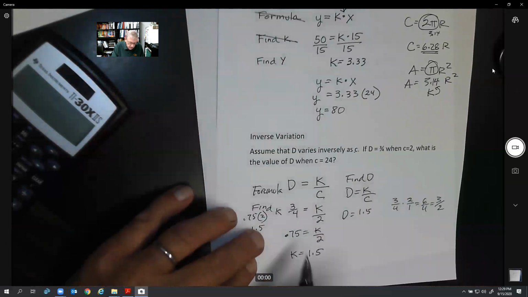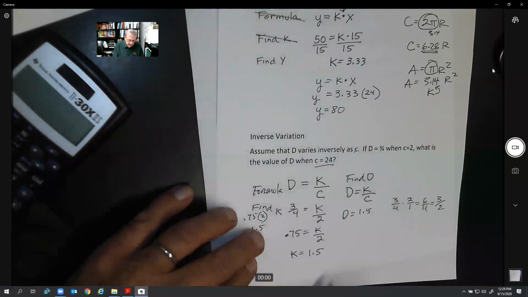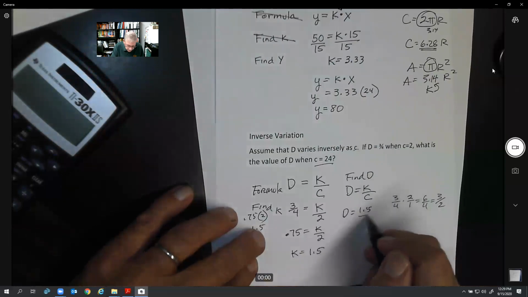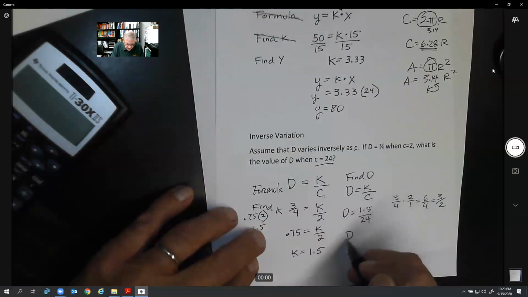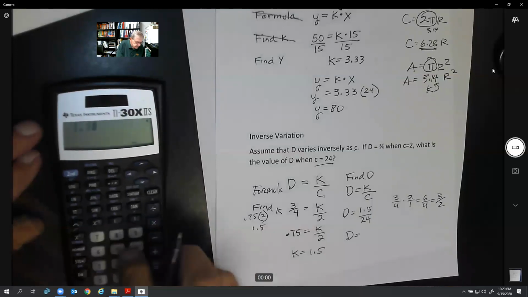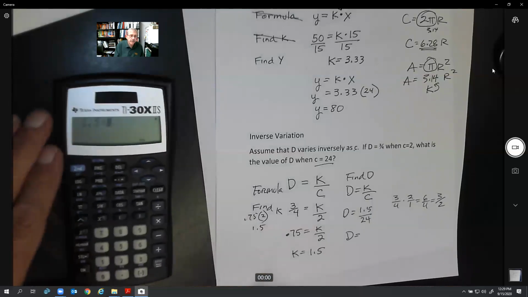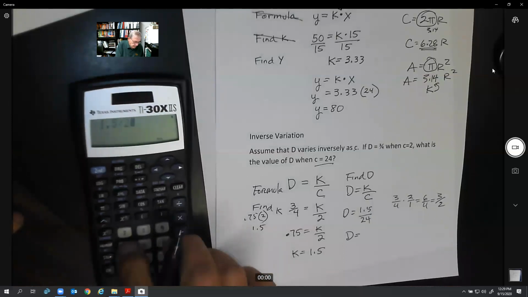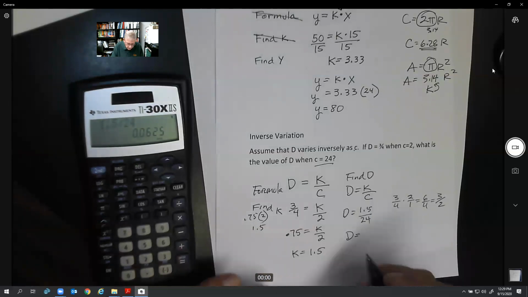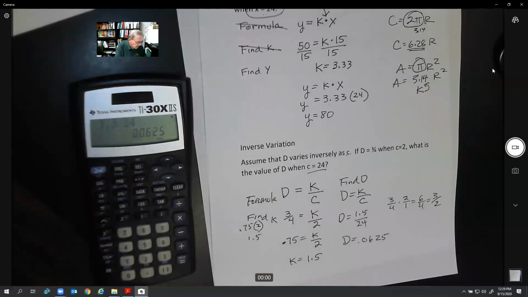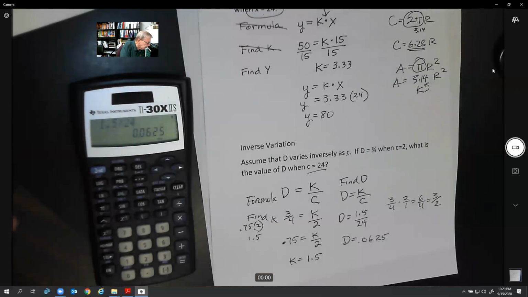And our new C is no longer 2, it's 24. And this should give us D. D is 1.5 divided by 24. And we got 0.0625. It's kind of small there, but that's it.